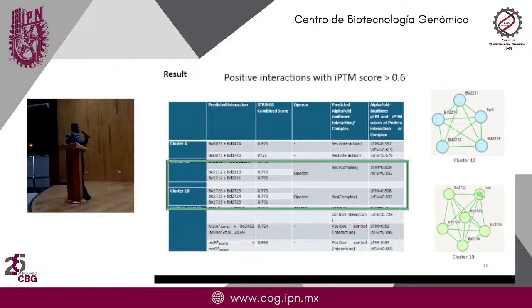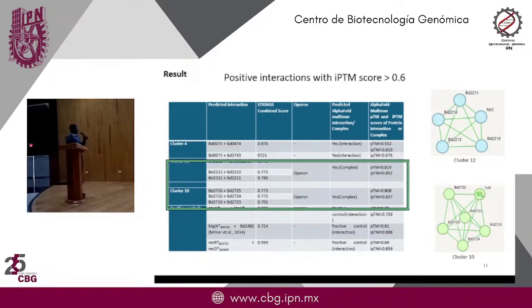We found that in AlphaFold, we were able to form complexes with these, and the resulting IPTM scores for those complexes were very high, very highly confident predictions, 0.852 and 0.34.